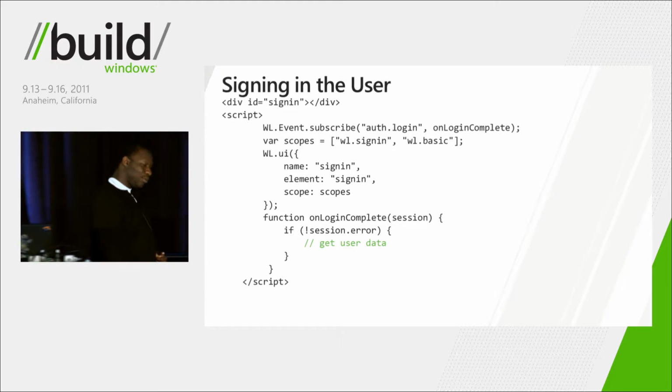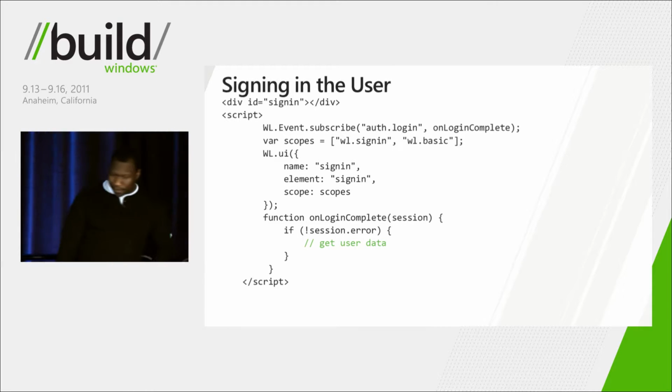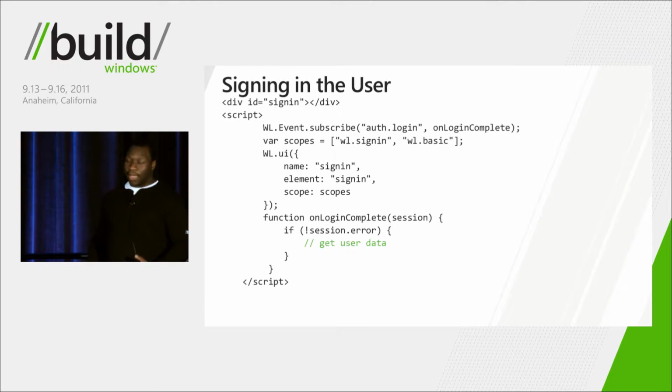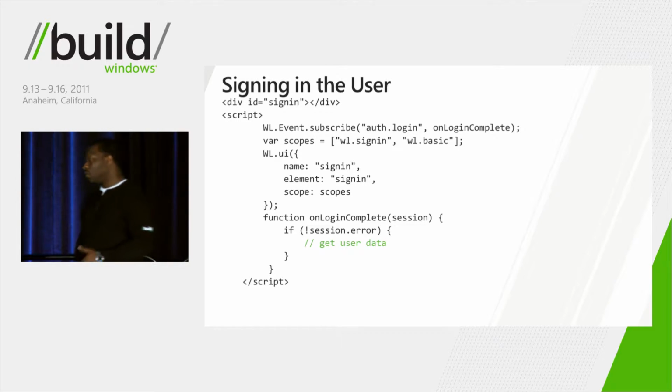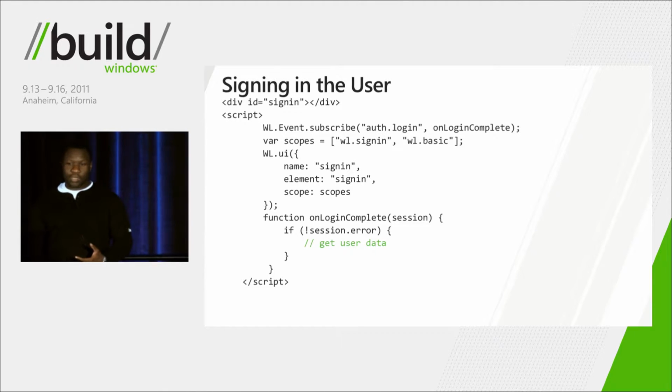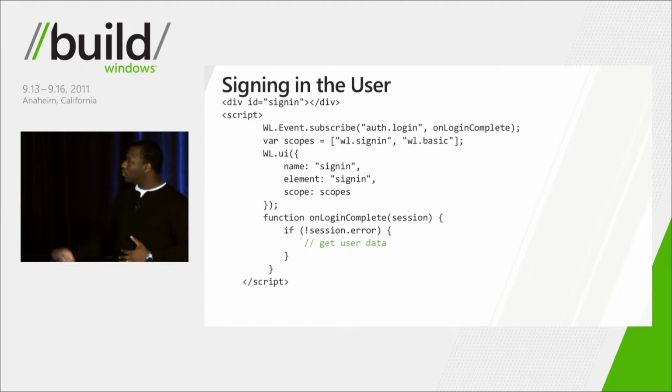Now let's look at some code. So here's what that sign-in code looks like in JavaScript. And I'll just go over in detail what this code is doing. The first line is just a div. It just marks where the sign-in button will be.